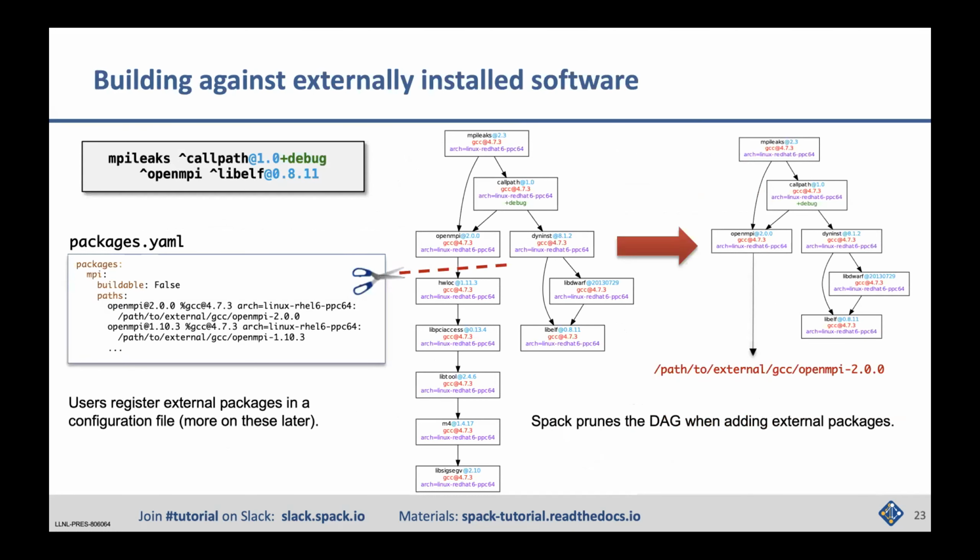So another important feature that we haven't talked about is that we can build against externally installed software. And so on the left, you see an example of configuration that you could use to say, hey, Spack, I know you know how to build OpenMPI, but someone at my facility also knows how to build OpenMPI, and they know our systems, and they built some really good optimized OpenMPIs over here.